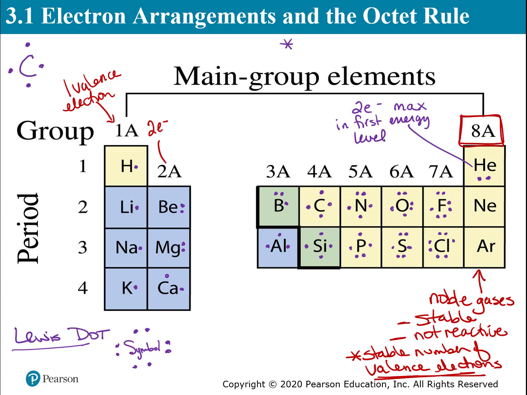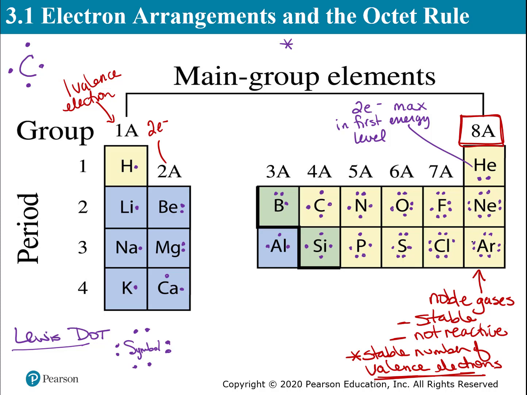But neon, what would it have? 8. Argon, 8. All the other ones, 8. But helium, just remember, because the first energy level only has 2, it's stable with 2 because it fills that first energy level. But all other atoms, they want to try and have 8.